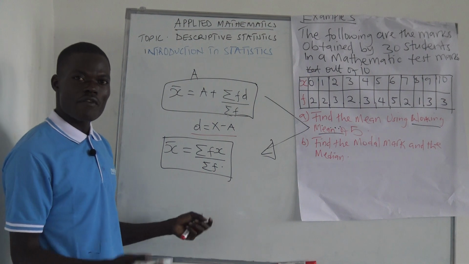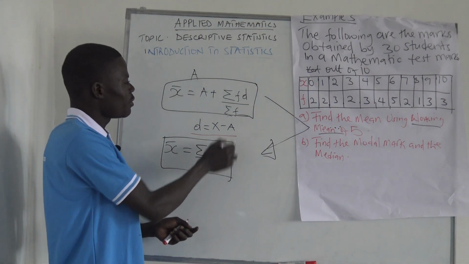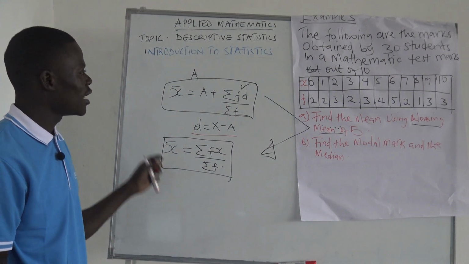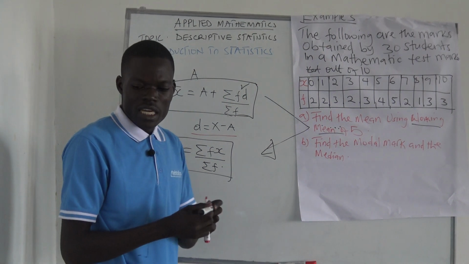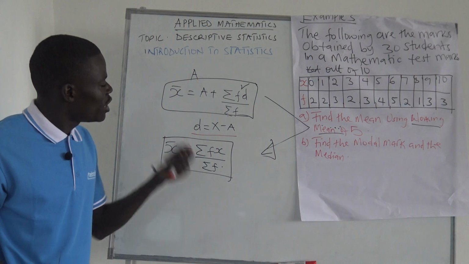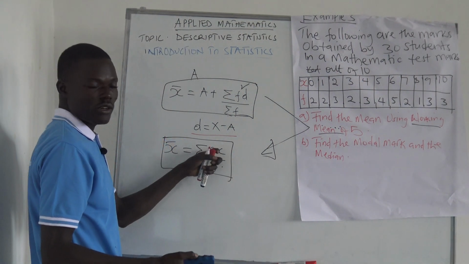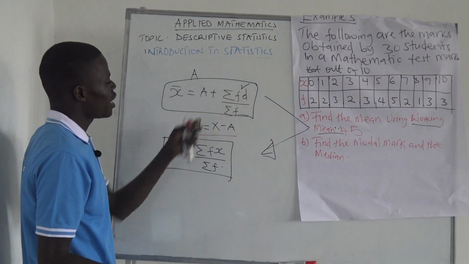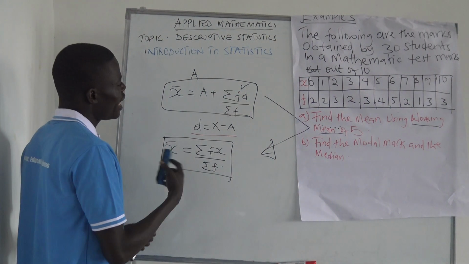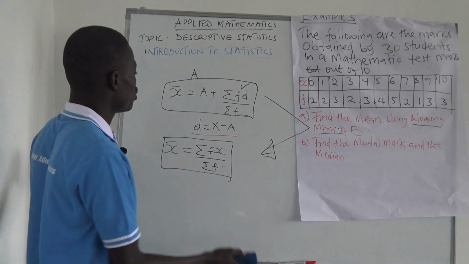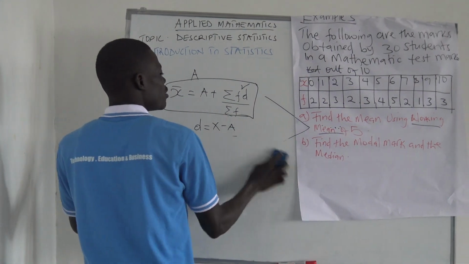So instead of having the column for fx, we shall have the column for fd. We need to put it into consideration as we are doing our table, that our table this time is not having fx, but we are having fd. And in order to get the median, we shall also have cf, which is cumulative frequency.